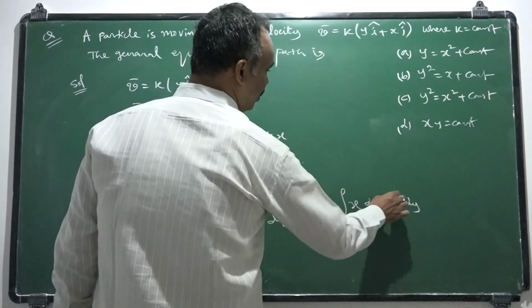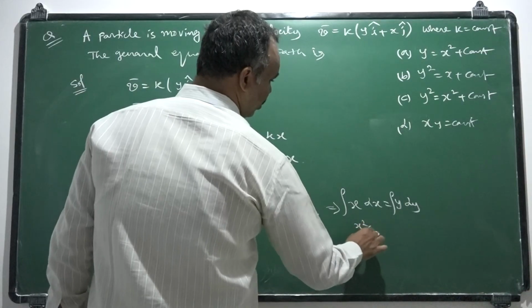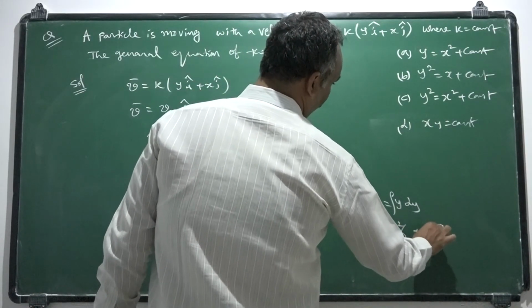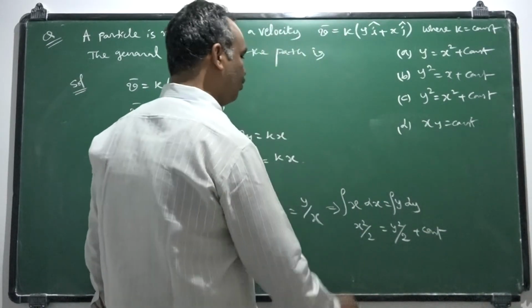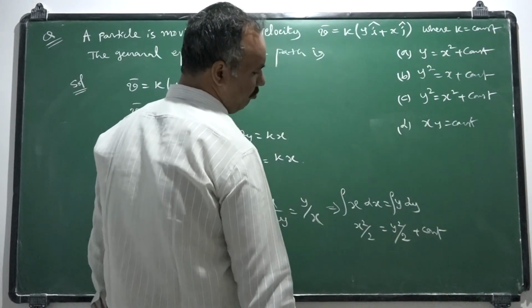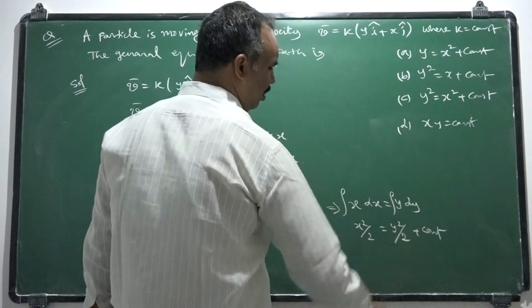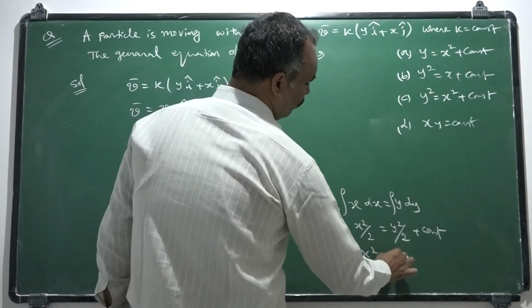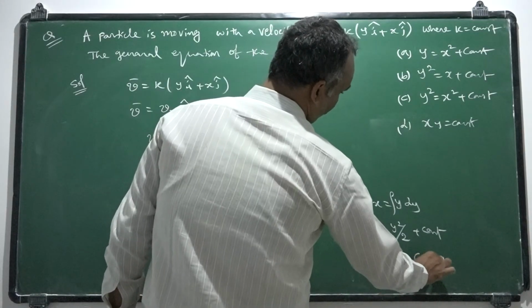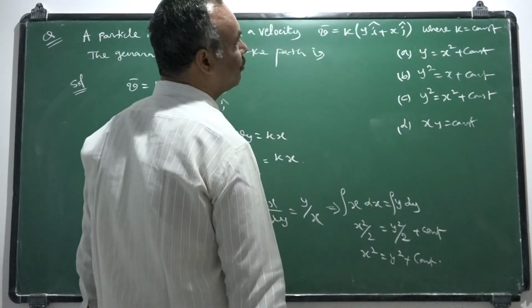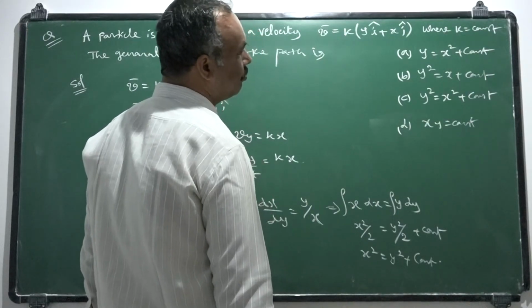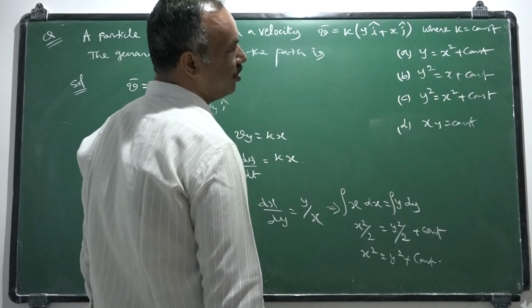So integrate on both sides. X square by 2 is equal to y square by 2 plus constant. If you multiply with 2 on both sides, x square is equal to y square plus constant.